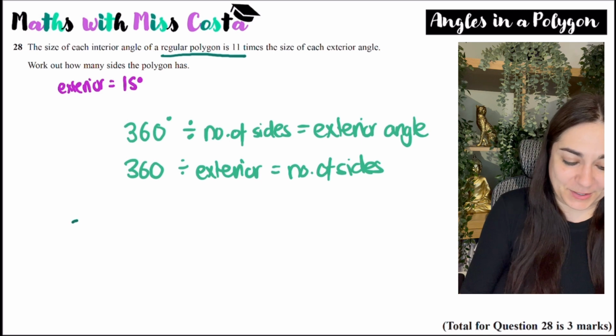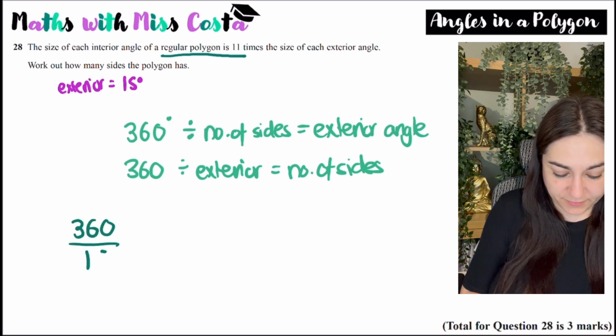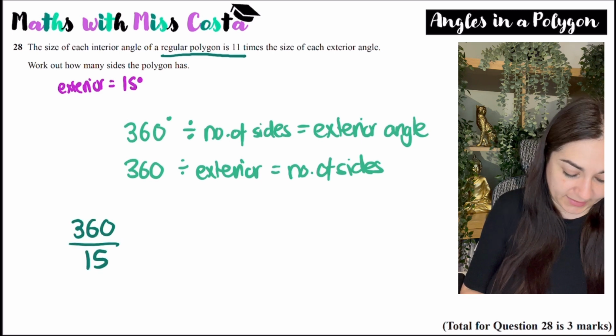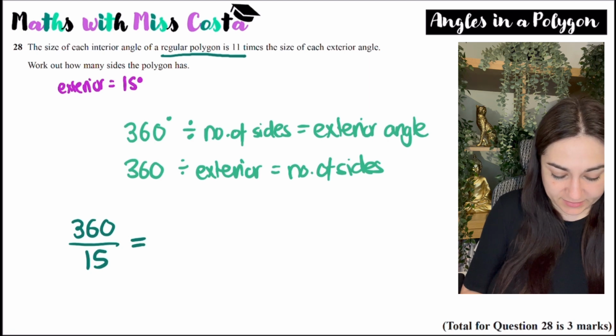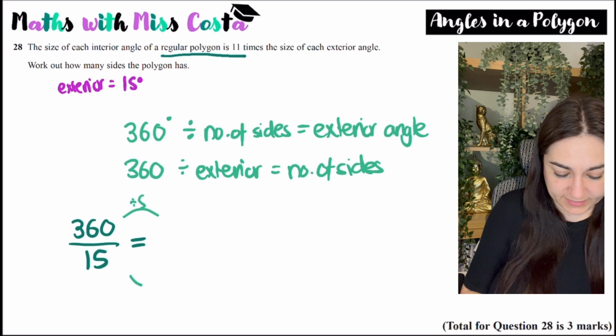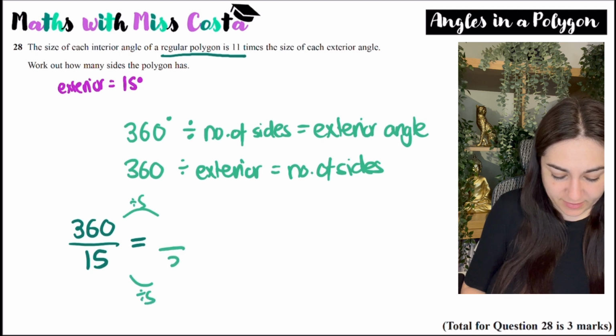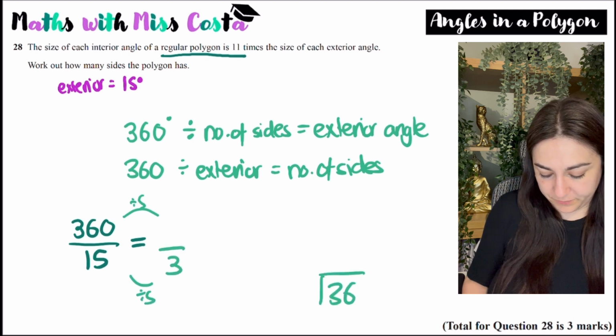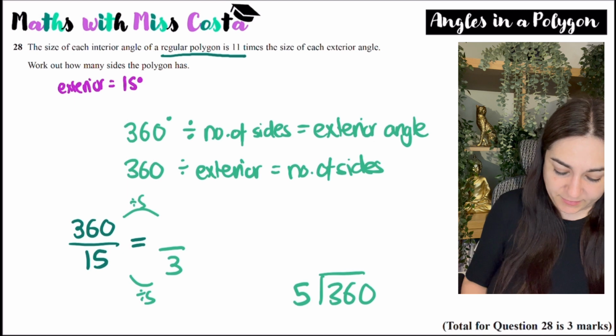So now I need to do 360 divided by 15. So once again, I can simplify it. Let's divide by 5, because then we'd get decimals otherwise. So if I divide that by 5, that would be over 3. And then 360 divided by 5.